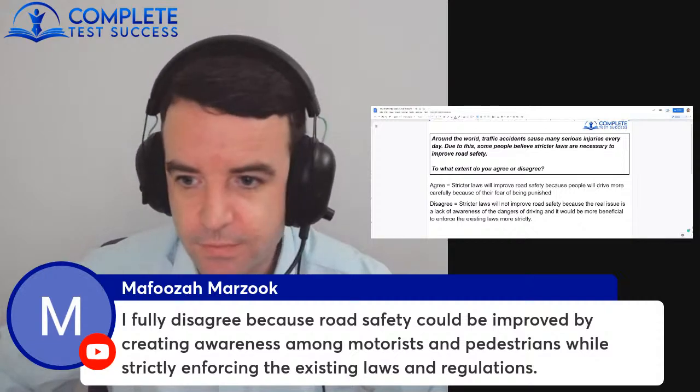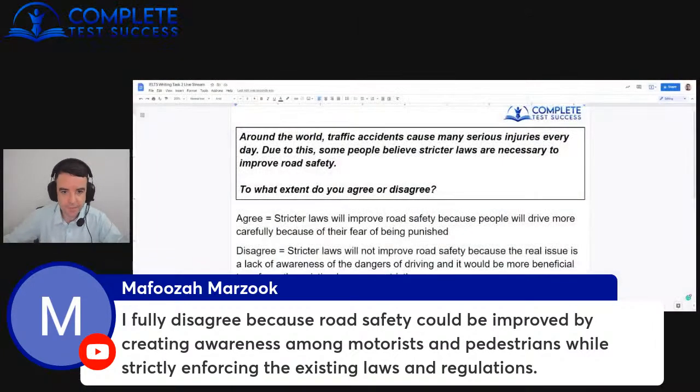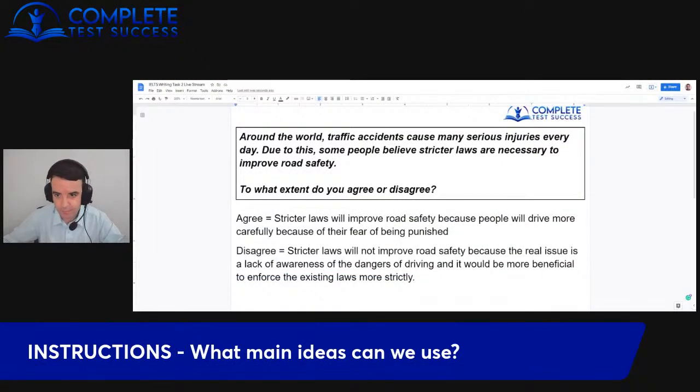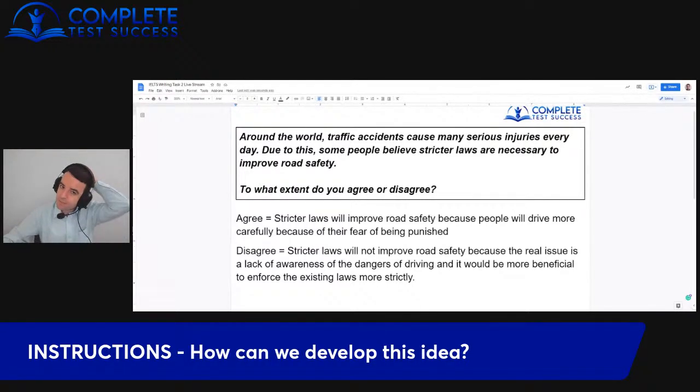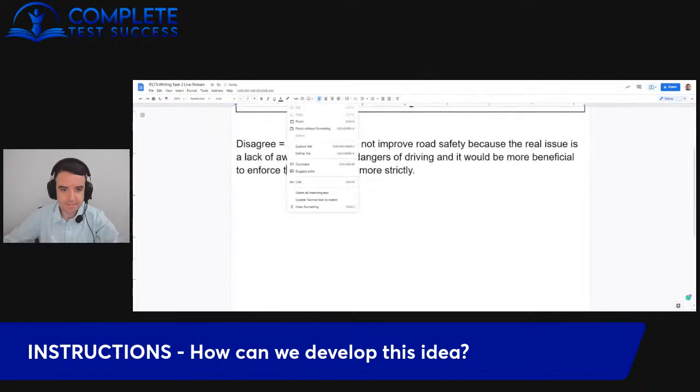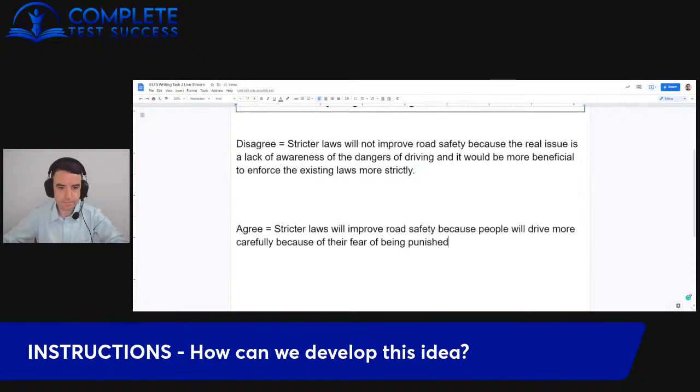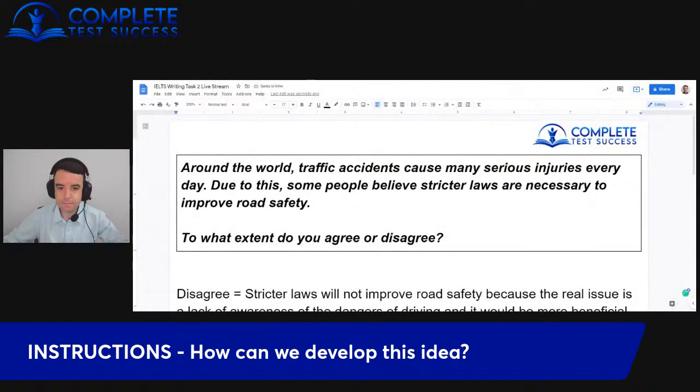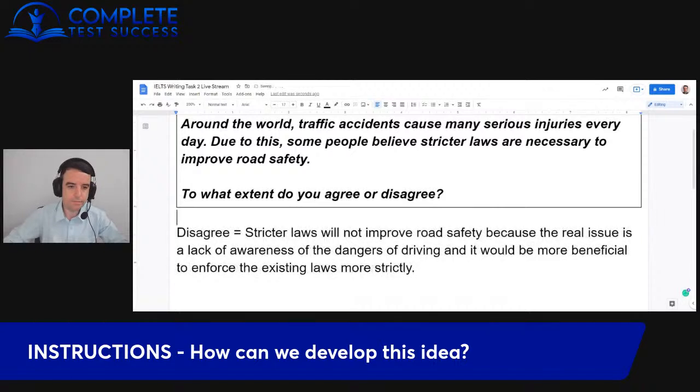So my next task for you, sorry, let me just get this up, is how can we develop this idea? By this idea, I mean the first one. The real issue is a lack of awareness of the dangers of driving.